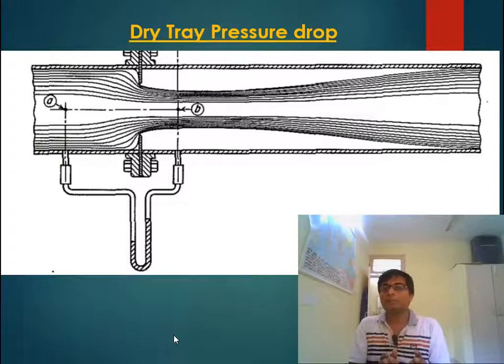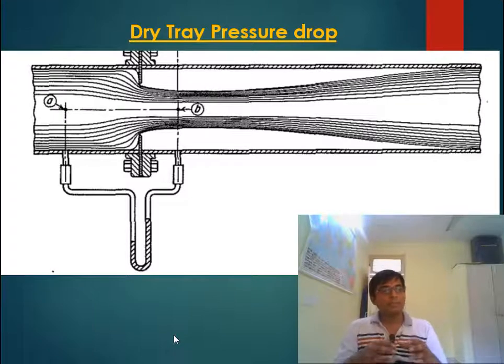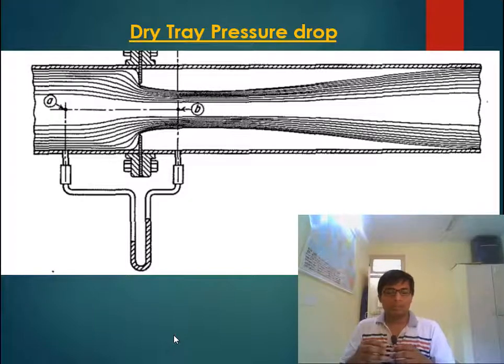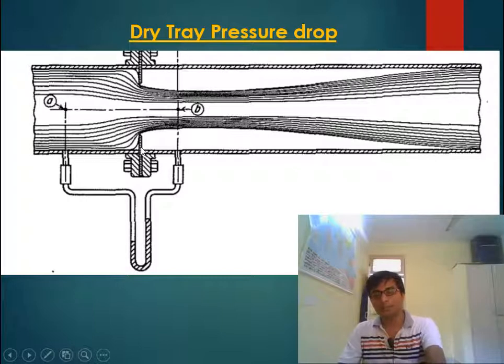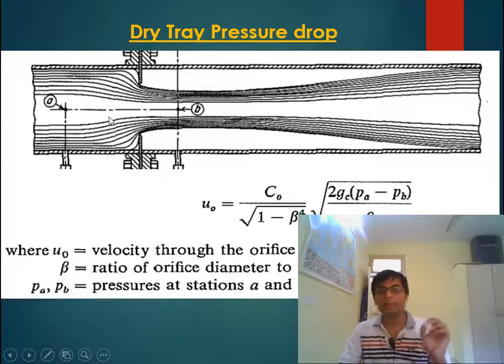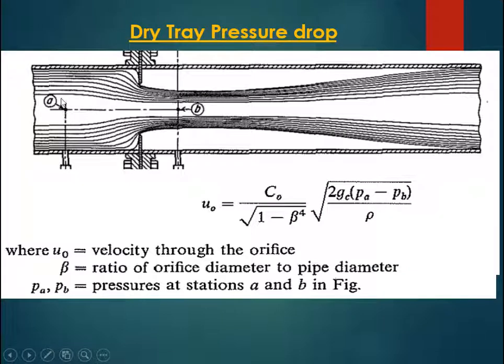If I want to figure out the pressure drop because of this orifice, we can think of pressure drop through an orifice, and we have gone through this in our engineering courses, that whenever a fluid passes through an orifice, its pressure reduces, and that pressure reduction can be calculated by energy balance between the upstream of the orifice and the downstream of the orifice.